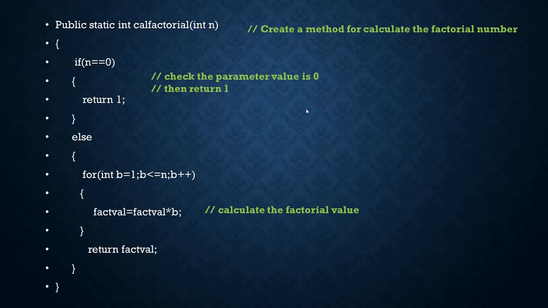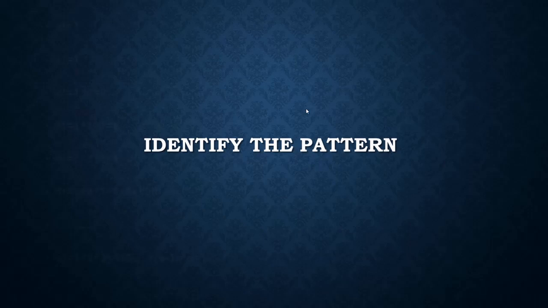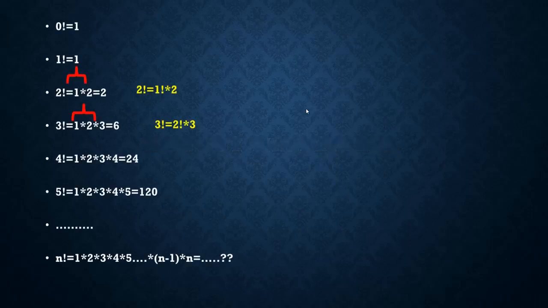Now look at this. I have to identify the pattern. This is simple. Factorial 1 is 1. But look at this: factorial 2 is 1 multiplied by 2.